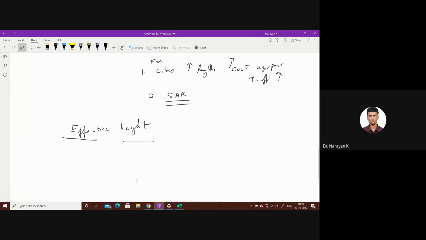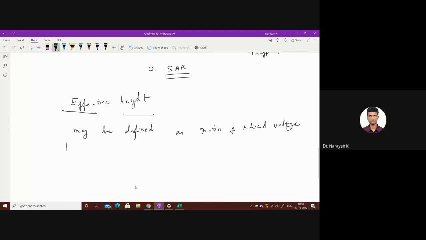Please write down: the effective height of the antenna may be defined as the ratio of induced voltage to the incident electric field. That is, your effective height can be defined as voltage by electric field. This is in meters.